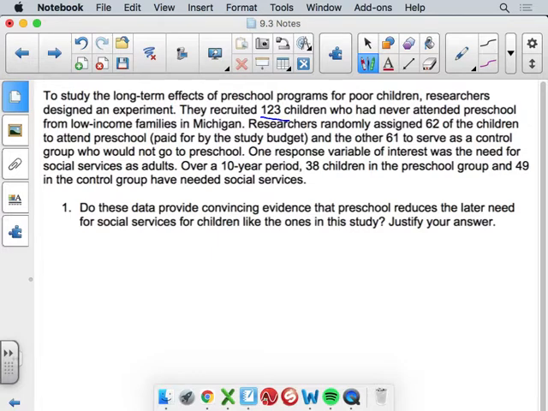They randomly assigned 62 of these children to attend preschool, and 61 to not go to preschool. So maybe I'll do p hat of school and p hat of no school.